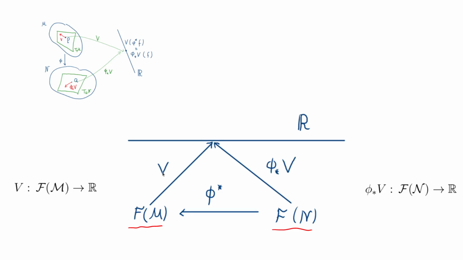So the vector v and the pushed forward image of it, phi star of v, maps functions here that are related by the pullback onto the same real number.